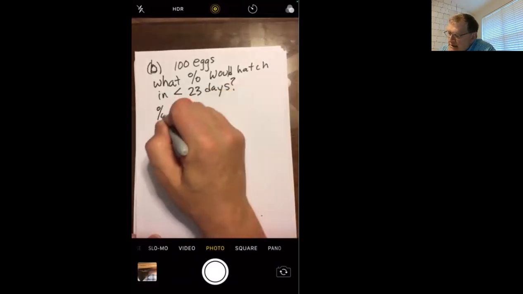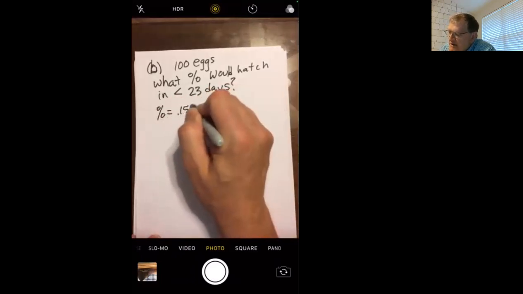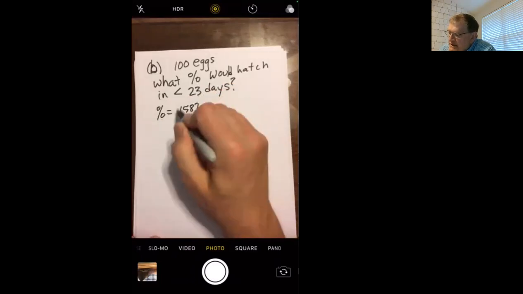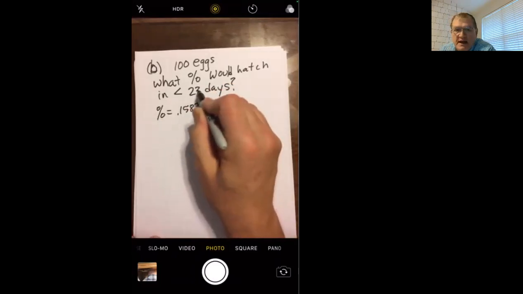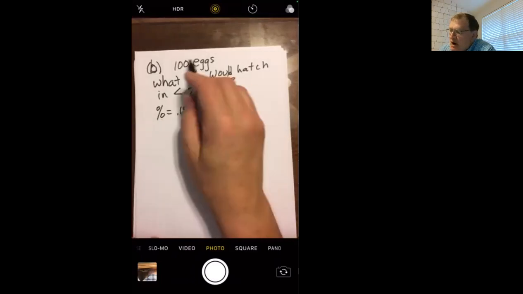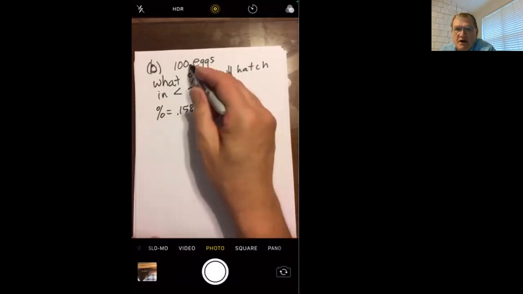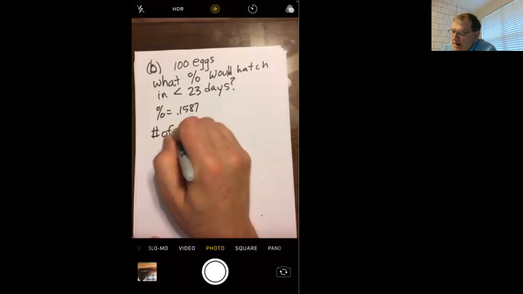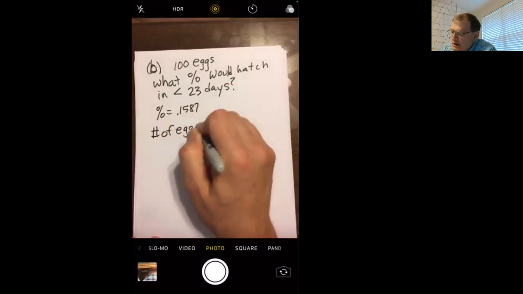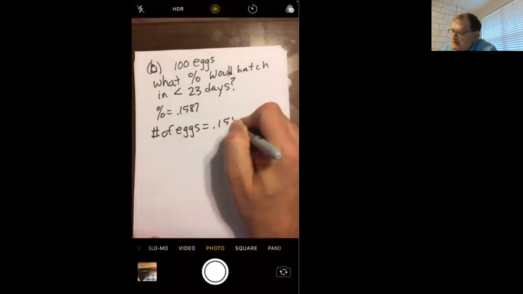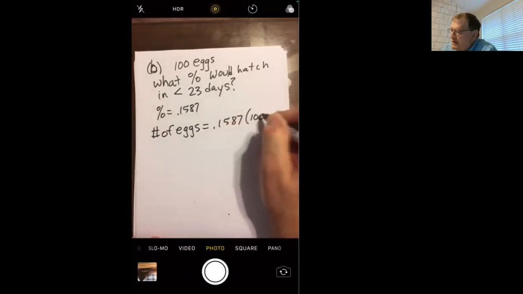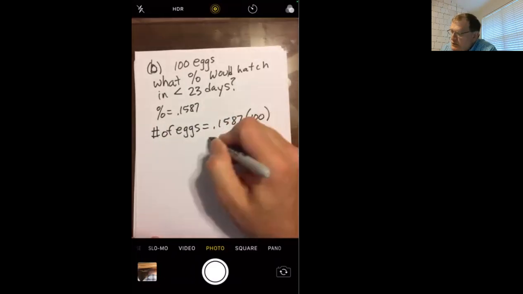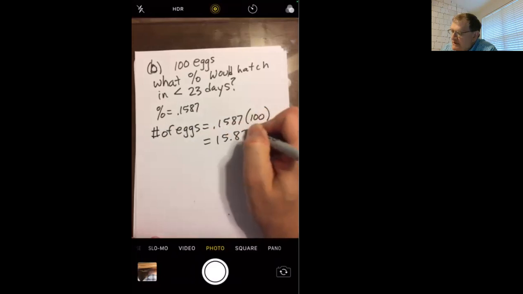So the probability is 0.1587. So out of 100 eggs, the number of eggs would be 0.1587 times 100, which works out to 15.87.